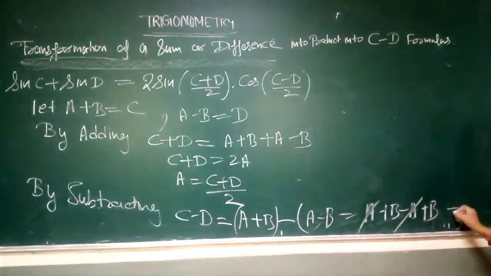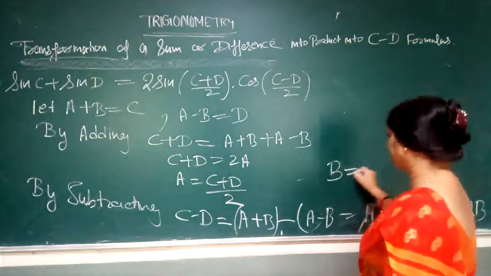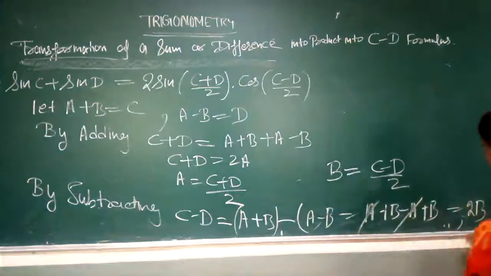What is coming here? 2B. So what is the value of B? The value of B is coming (C minus D)/2.